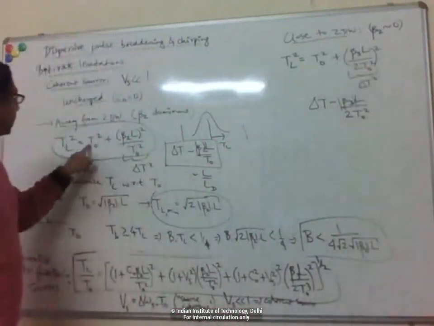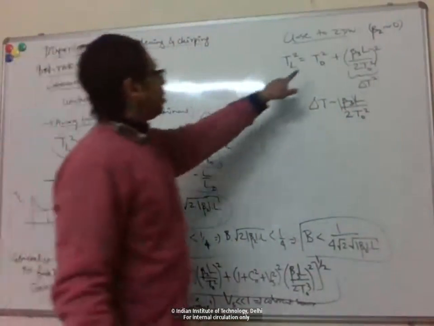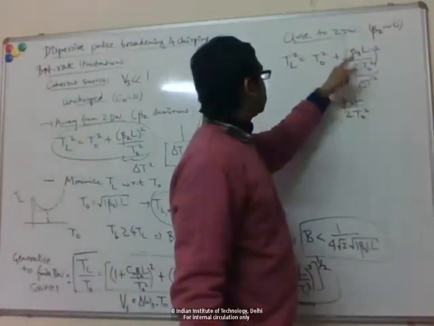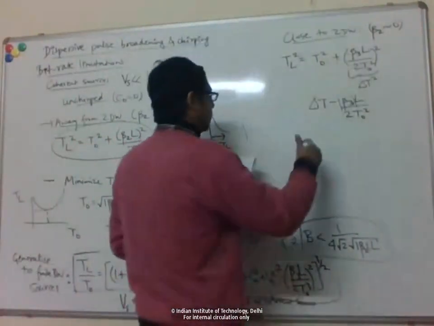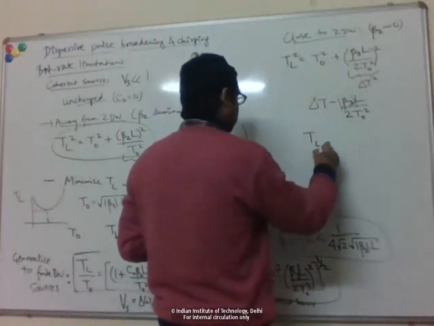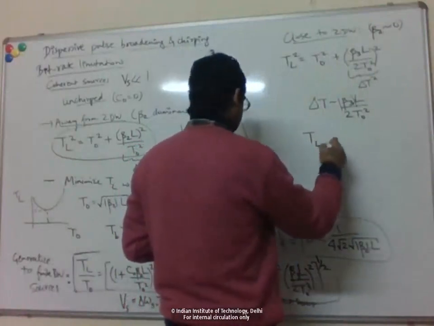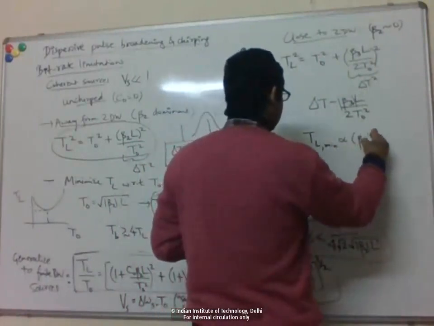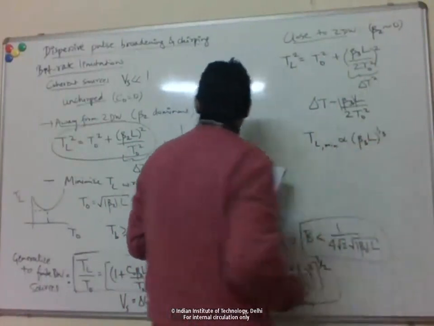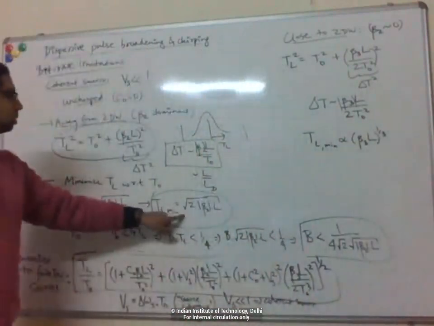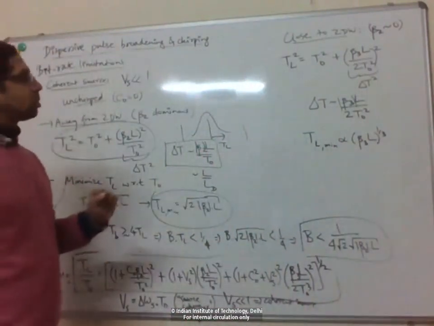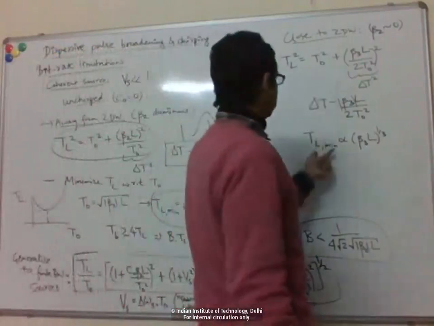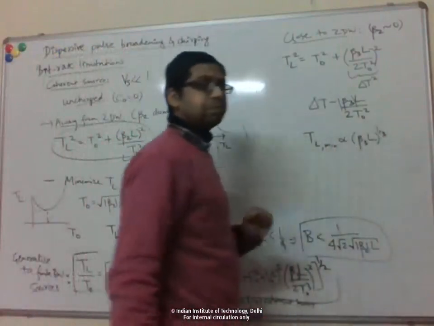Here we had T naught square and T naught square, and here we have T naught square and T naught to the fourth. So when you actually minimize, you see that the minimum pulse width at the receiver will scale with the cube root of beta 3 times length. So here it was square root, here it will be cube root.